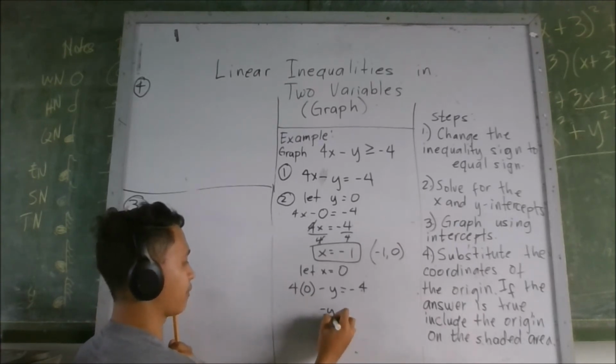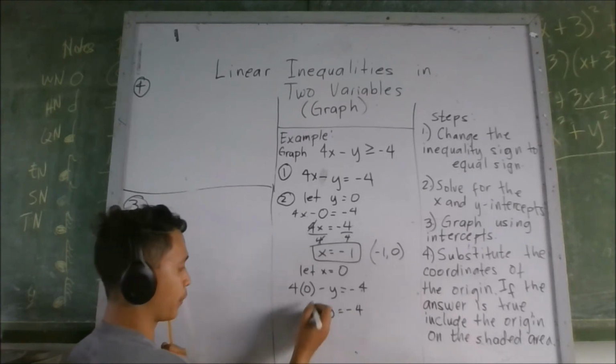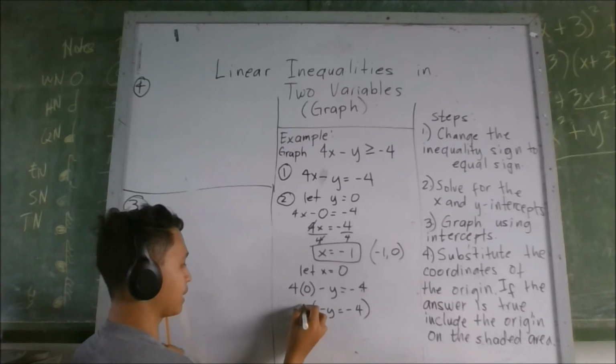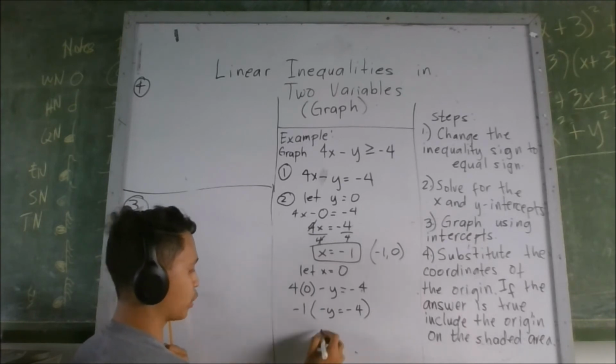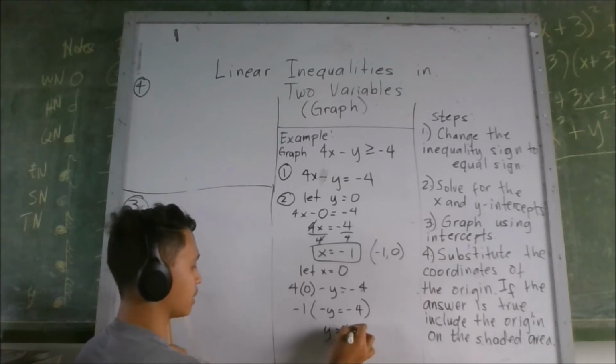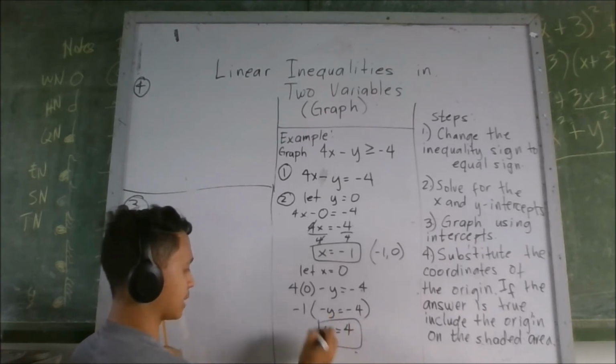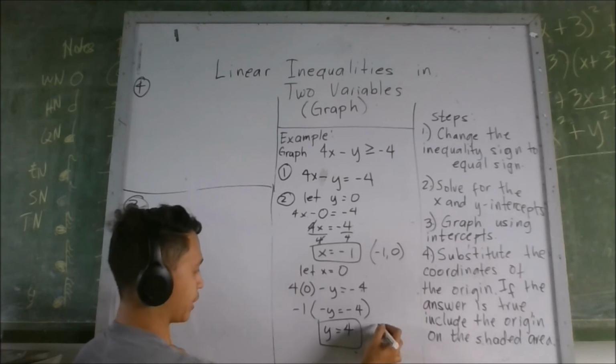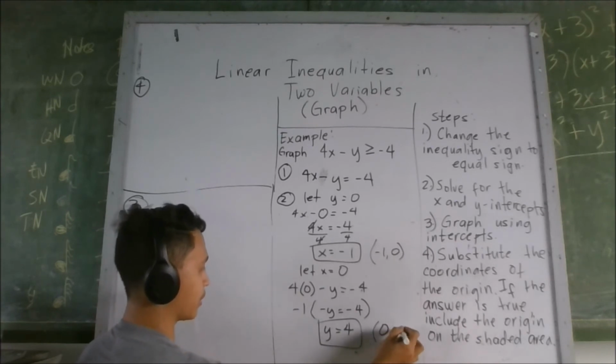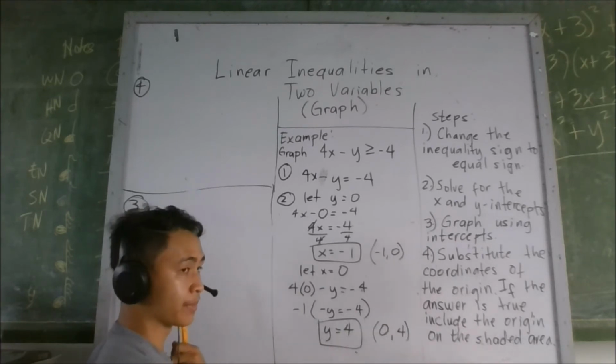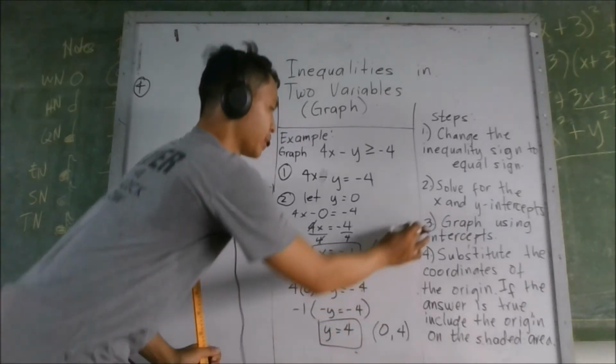Matitira is negative y equals negative 4. Okay? We can just simply multiply this by negative 1. Negative 1 times negative y is y. Negative 1 times negative 4 is equal to positive 4. So therefore, y is equal to 4. Or the coordinates of this one is 0, 4. Nakuha?